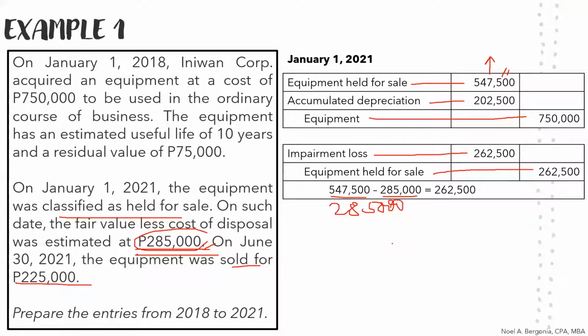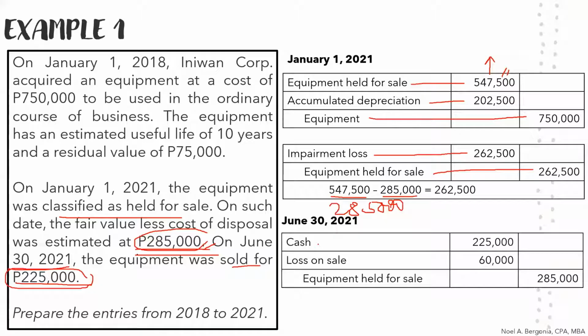Okay? And then, it was sold on January 30, 2021. So mas bumaba pa siya kasi naging 225,000. So at the time of disposal, we will have a loss. So we will be debiting cash, the 225,000 that we have received. Then we debit the loss on sale, which is 60,000. Saan nanggaling yon?